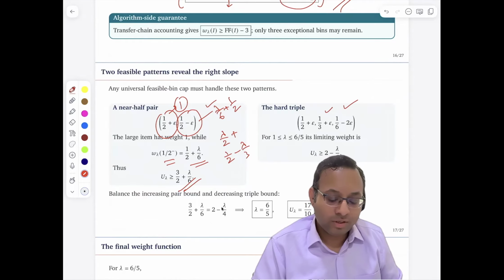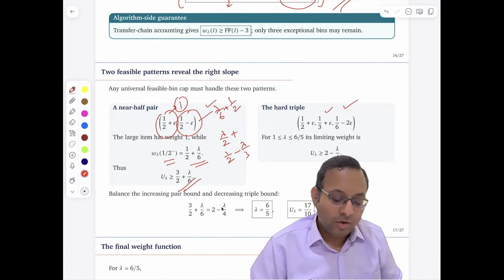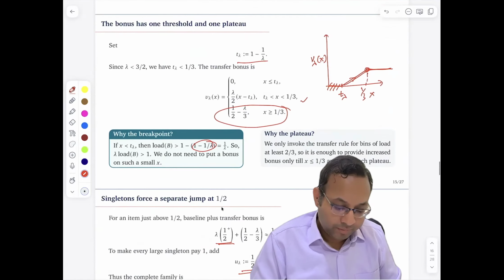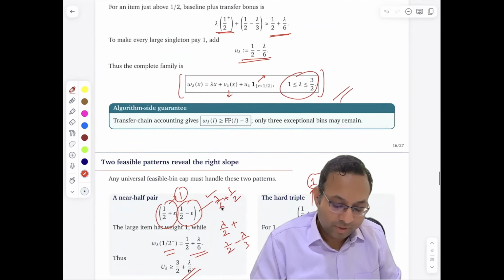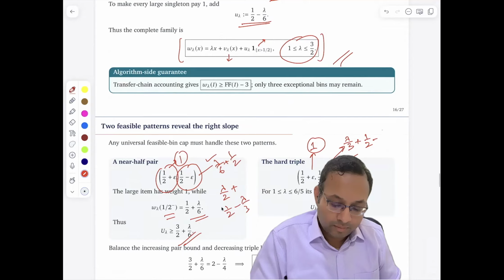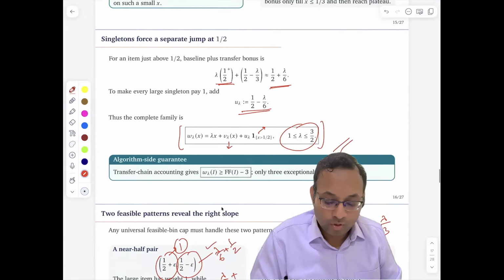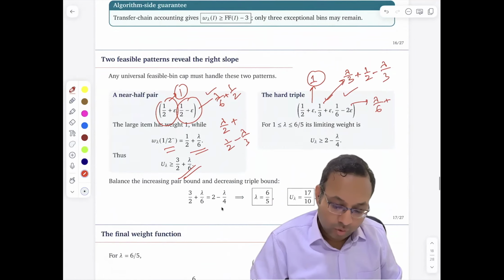So it's better to just stop there. And then we get the total weight to be 1 for this item. For 1/3, we get lambda by 3 plus half minus lambda by 3. And for 1/6, we get lambda by 6 plus, there is no bonus because it's 1/6.